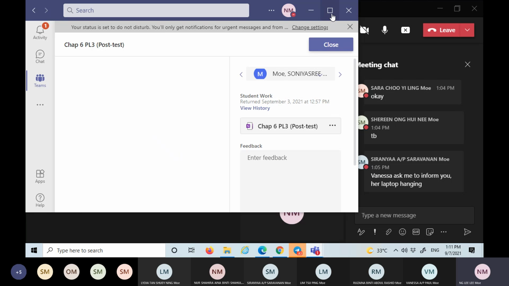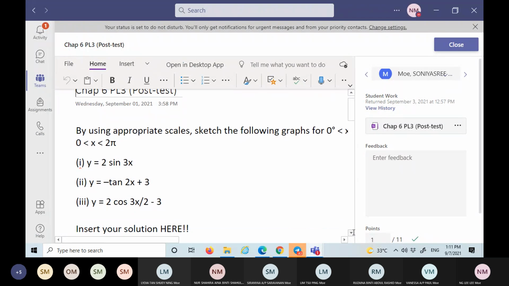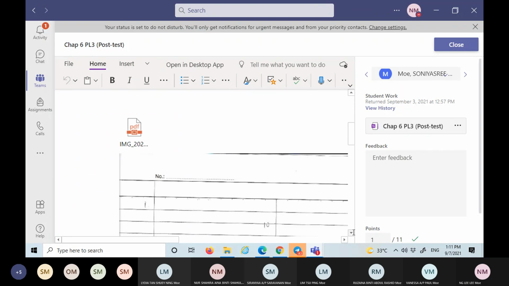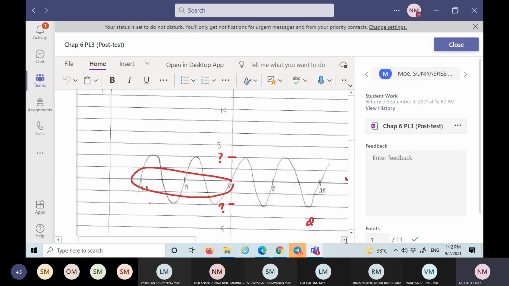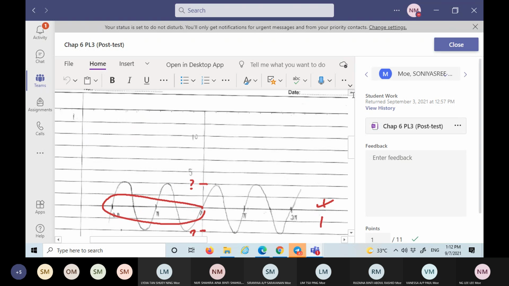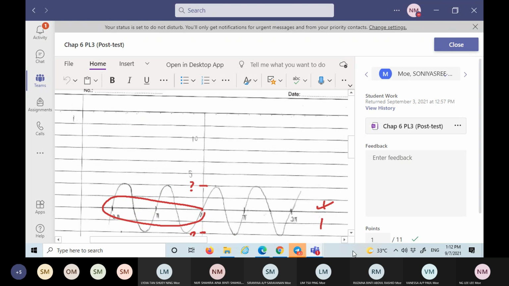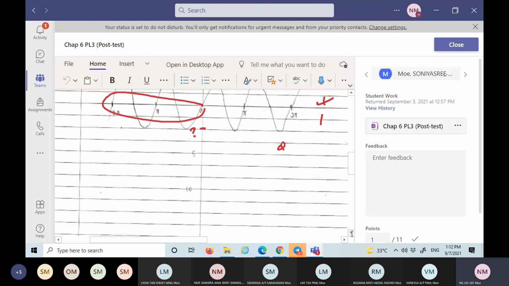Sonia's work. I don't know what you are doing. Why is there a negative part? Because you saw it in the textbook? Okay, I didn't see a table also. I don't know how you plotted.